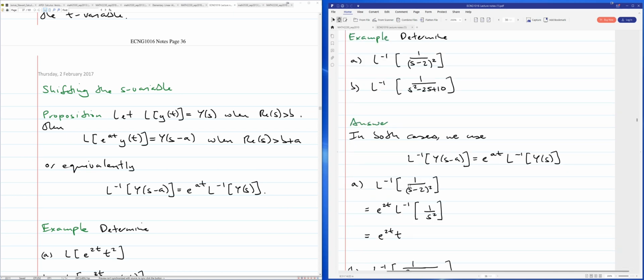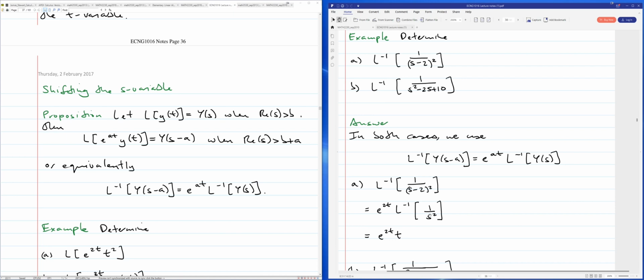Let's see how that works. I want to get Laplace inverse of 1 on (s minus 2) squared. You notice this is shifted; it's of the form s minus 2. So you unshift: you replace the s minus 2 by just s. This is somewhat complicated, 1 on (s minus 2) squared, to something simpler, 1 on s squared.